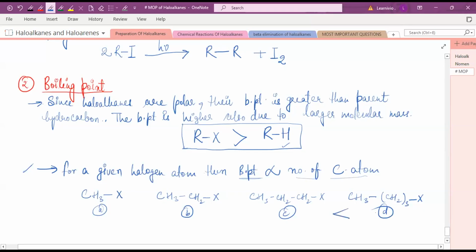So D has the maximum boiling point, then C, then B, then A. This is the order of boiling point: maximum in option D and minimum in option A, methyl halide.